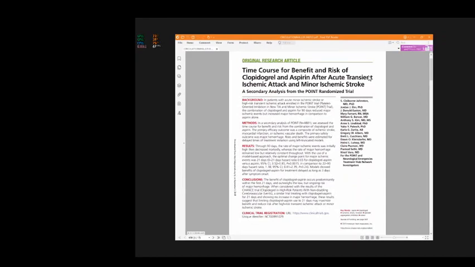So patients with minor ischemic stroke or TIA enrolled in the POINT trial, combination cost, okay, but increased hemorrhage in comparison to aspirin alone. What year was this published? 2019. Pero meron kasi yung MATCH at CHARISMA, landmark trials sila for combination clopidogrel aspirin, and they actually supported din naman siya nito na there was higher risk for bleeding.